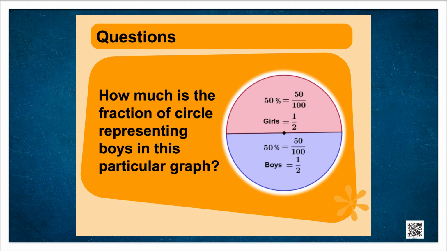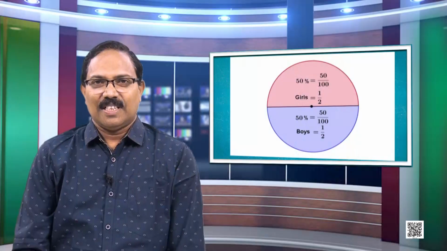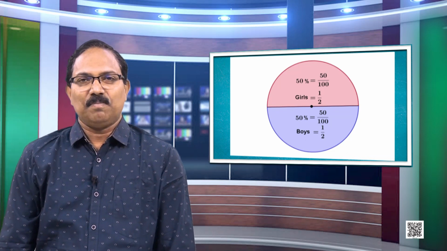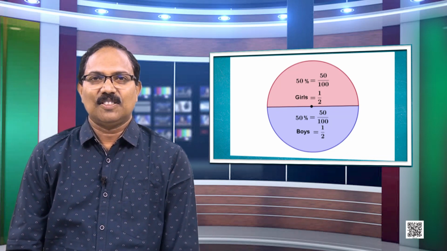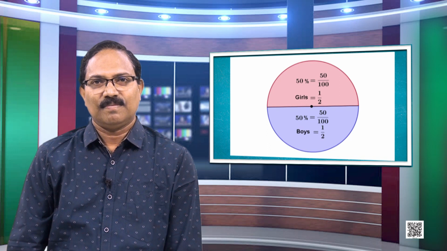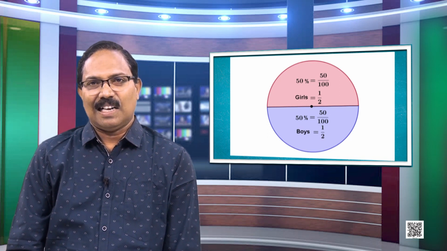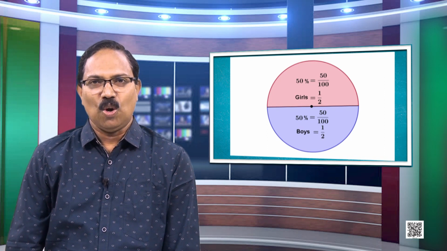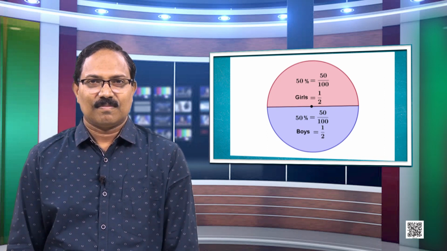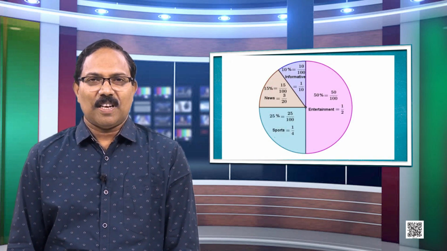How much is the fraction of circle representing boys? Yes, again half. You are correct. Yes. What is the relationship between boys and girls in this particular graph? Yes, it is half and half making a whole. Look into this pie chart.